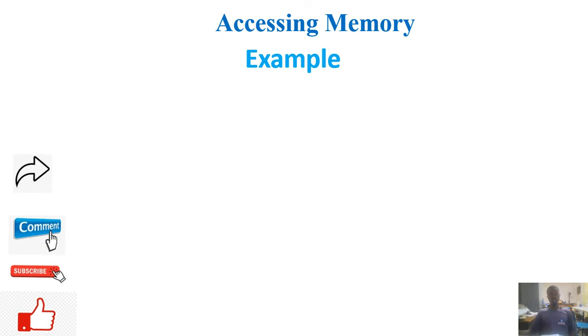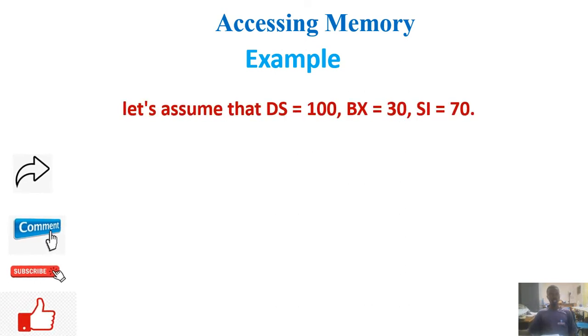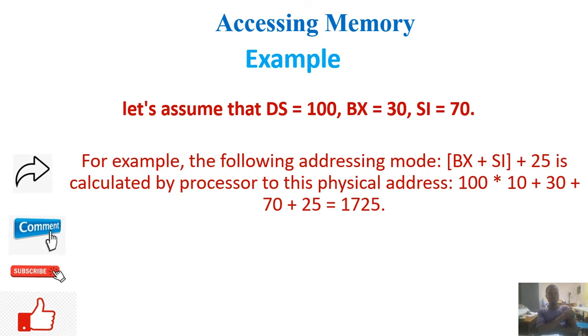Let's now look at some examples. Let's assume DS is 100, BX is 30, SI is 70. That's the question that I stated earlier. Then what happens? For example, in the addressing mode with BX plus SI plus 25 in square brackets, the processor calculates the physical address.